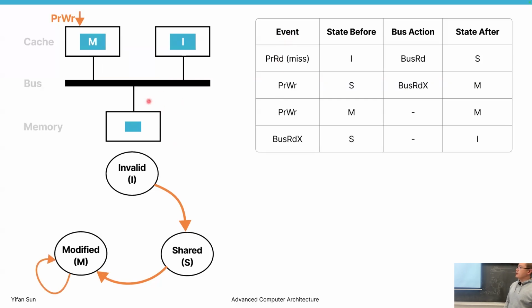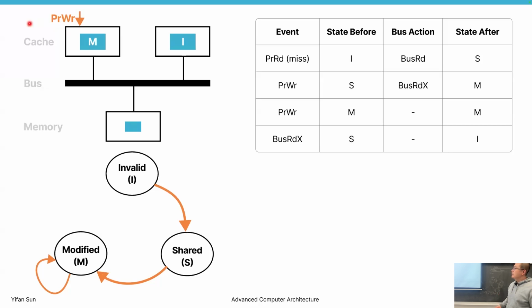Okay, so what if we have a write again in M state? If we're in M state and there's a processor write, we want to write into this piece of data, we know we're the solo owner and we know we're dirty, then changing it is still dirty. So it's okay, just write into it locally, and don't generate any bus traffic.